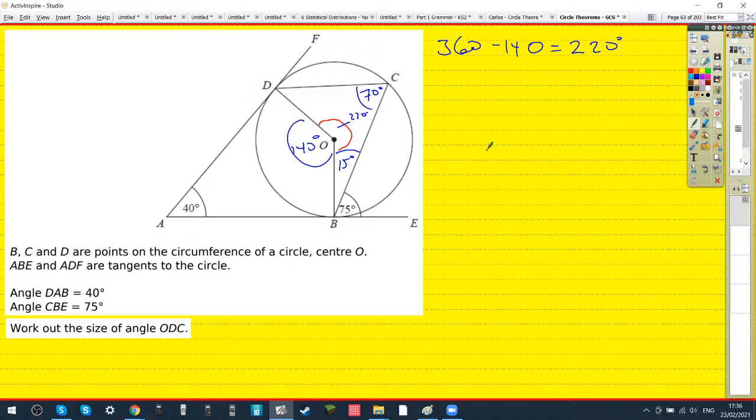Okay, so do you have to add them all up? Yeah. Okay, so 220 add 70 add 15. So 85 add 220 is 305.